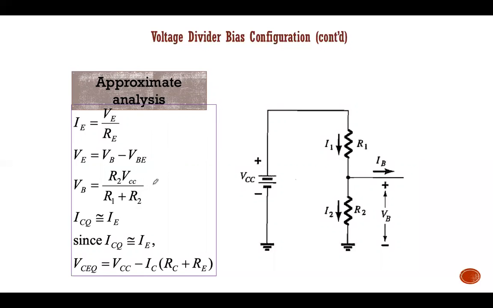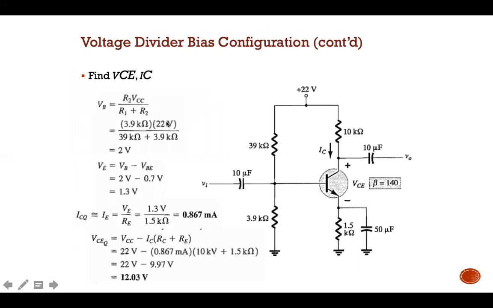VB equals R2 VCC divided by R1 plus R2, and ICQ, the Q point, equals IE. Since ICQ equals IE, then you can calculate the VCE at Q point equals VCC minus IC times RC plus RE.